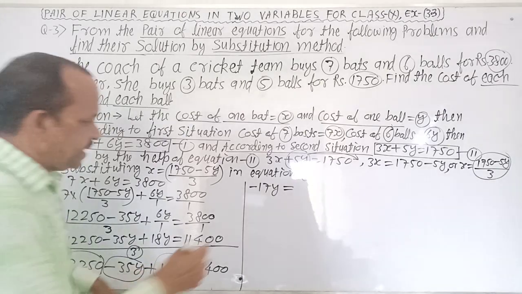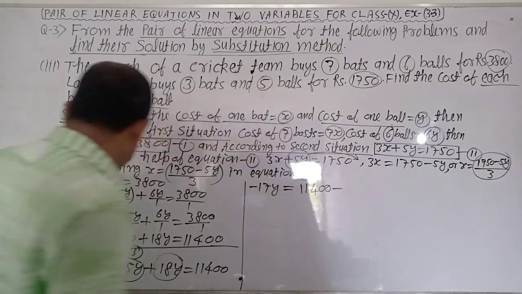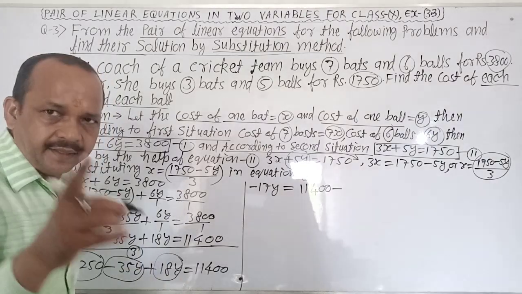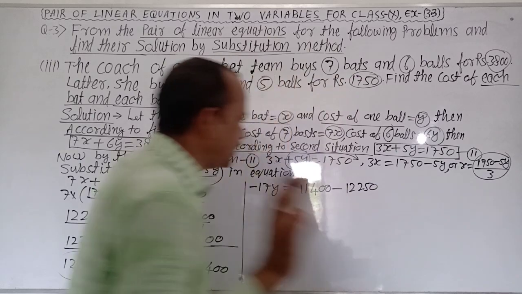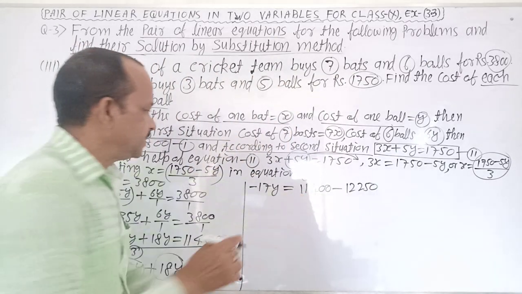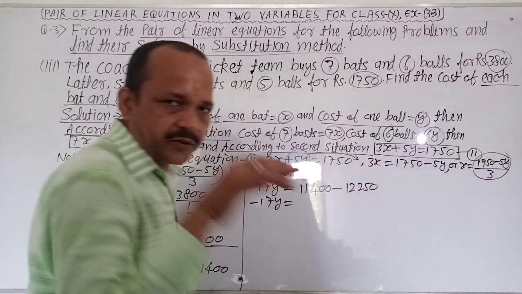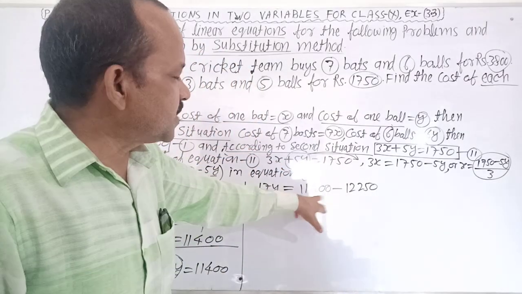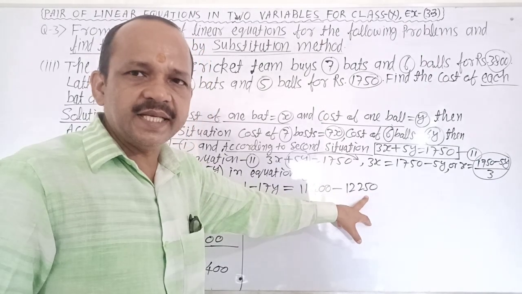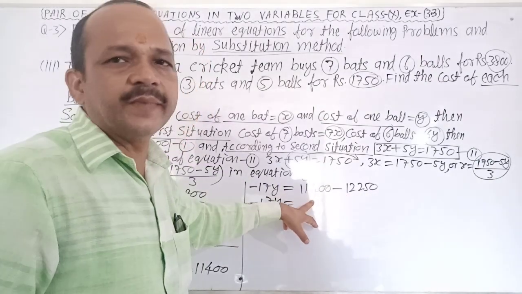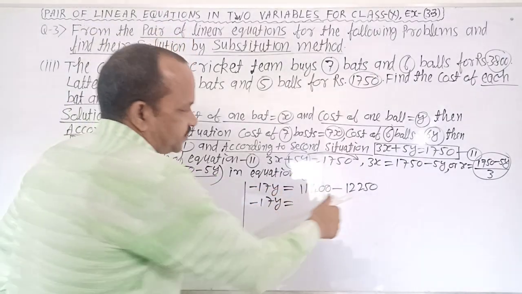Here you can write equal to 11,400 minus 12,250. You subtract it, it becomes minus 17y equal to, here you subtract it, the greater has the minus sign and the smaller has the positive sign. Clear? You subtract it.